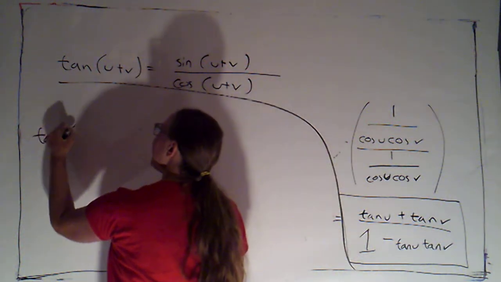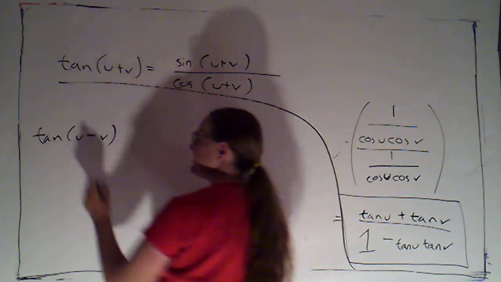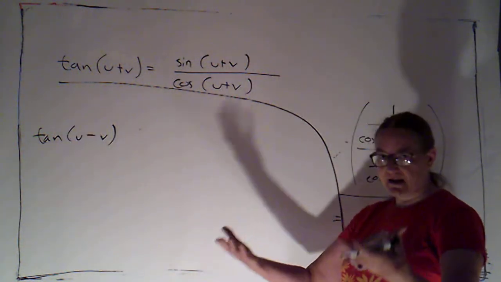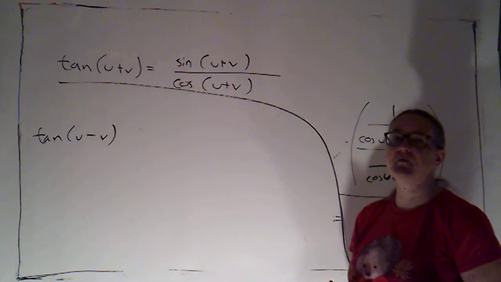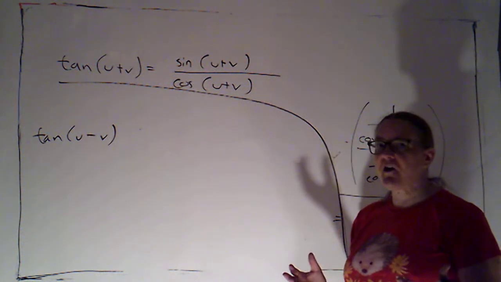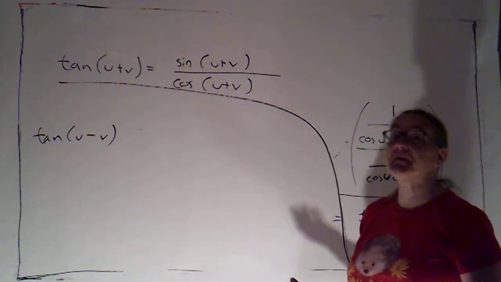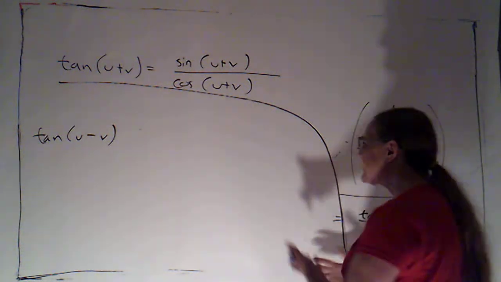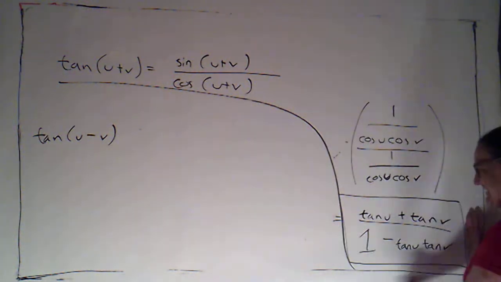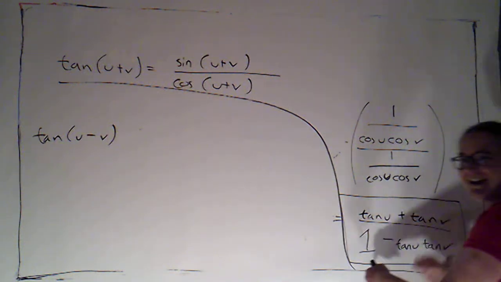If I'm looking at tangent of u minus v, of course that is just sine of u minus v over cosine of u minus v. But we just saw that the difference formulas for sine and cosine involve the same terms but the opposite sign. So that's going to translate into this involving the same terms but the opposite signs.